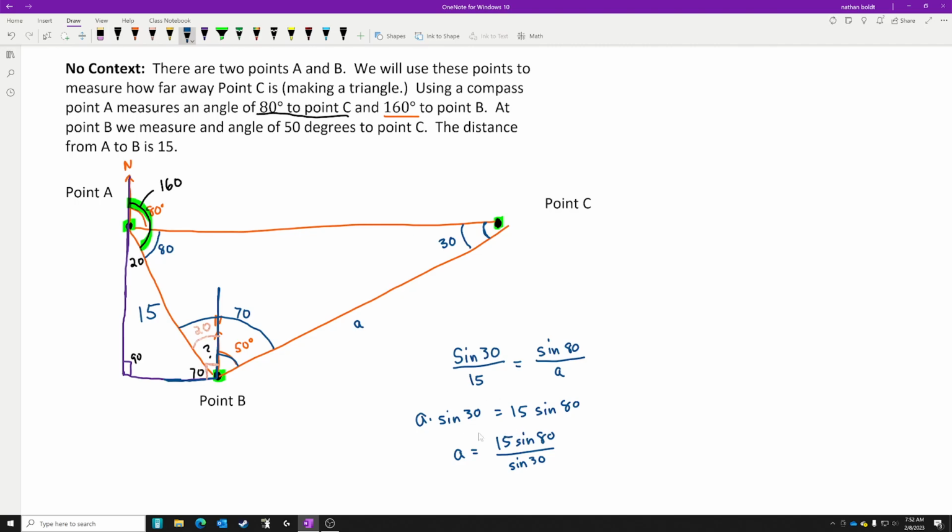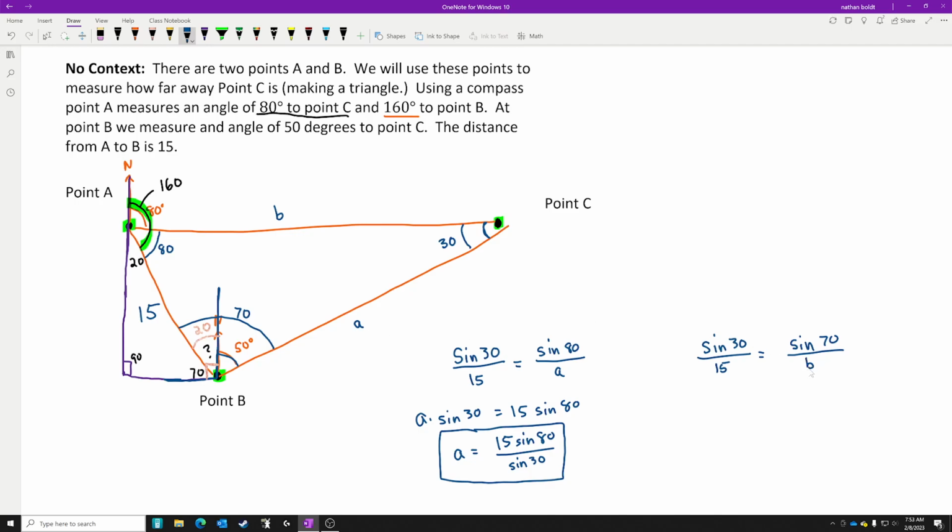You can type that into the calculator if you want the actual decimal, but that's not too hard to do. And then we can set up our law of sines. I'm going to use the same sine of 30 over 15. If you use the same ratio there, you'll avoid round-off error. You don't have to, but it does help avoid round-off error. And our other one would be sine of 70 over, so I guess this will be B up here, won't it?